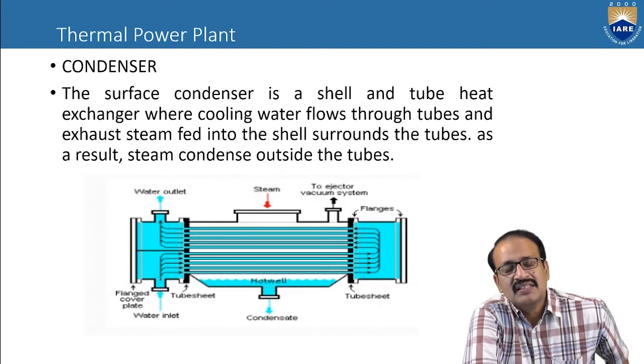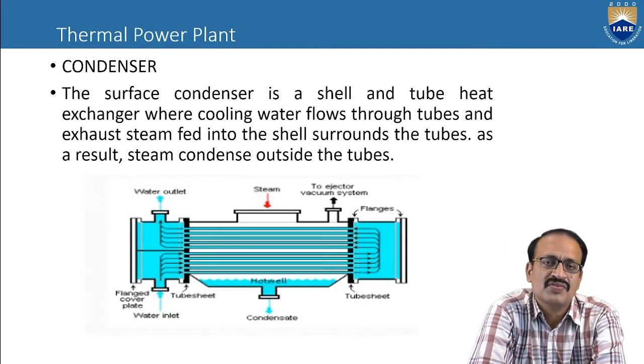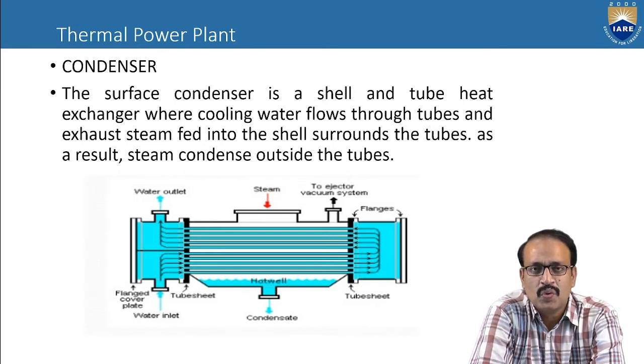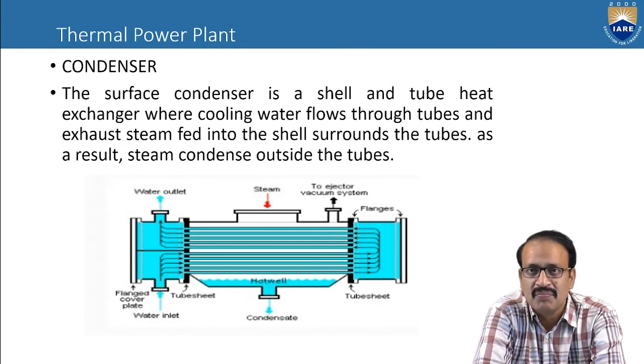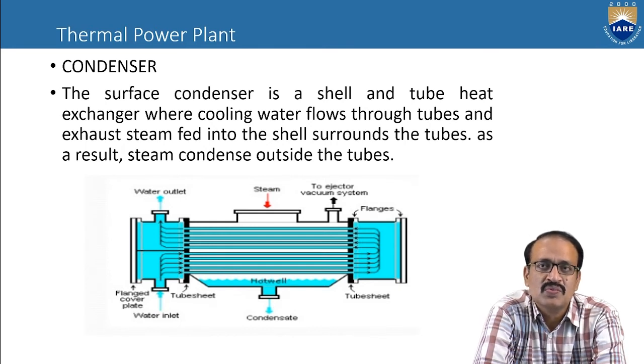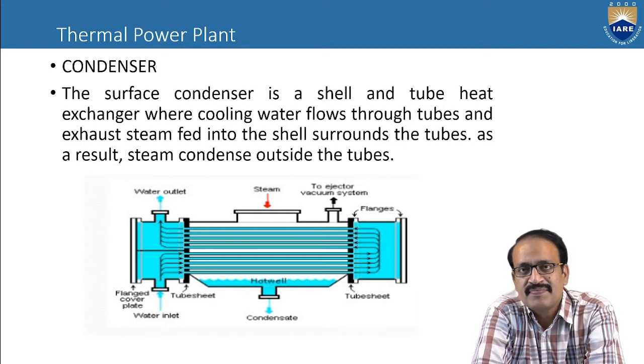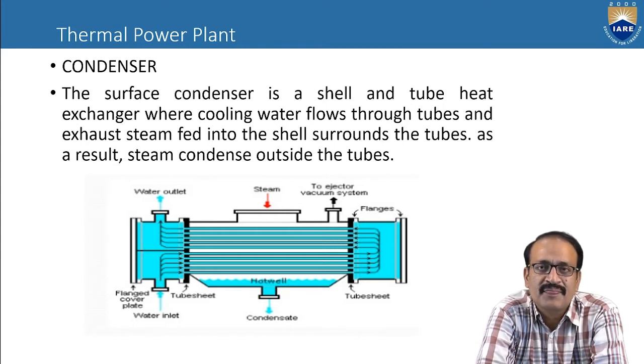The next thing is the condenser. The steam which is exhausted after rotating the turbine, which is coming out after rotating the turbine, we are going to condense with the help of the condenser.